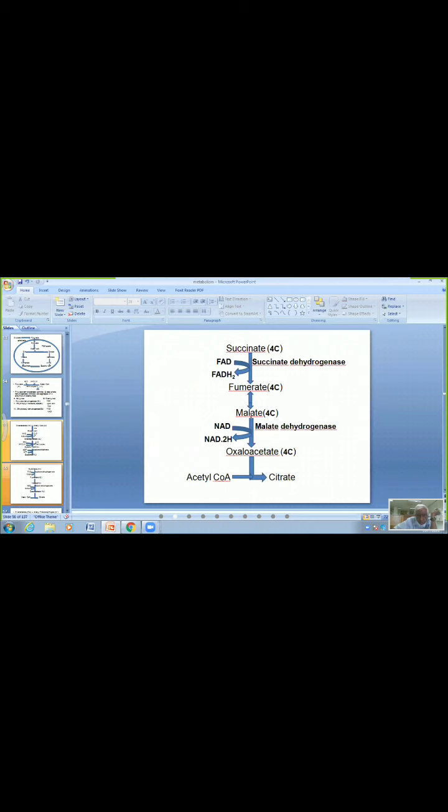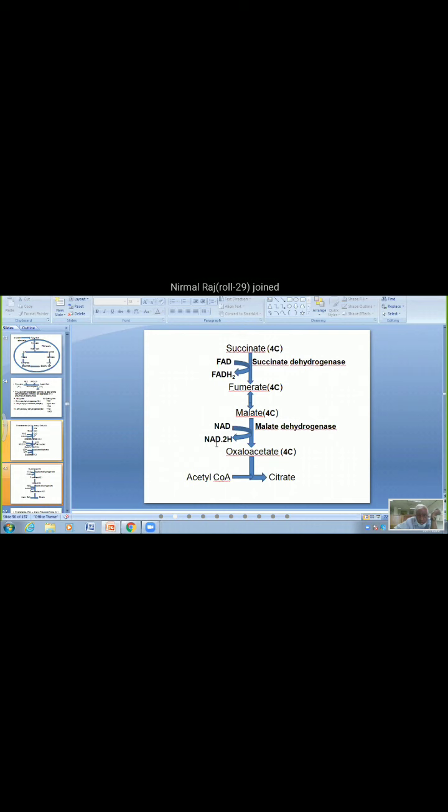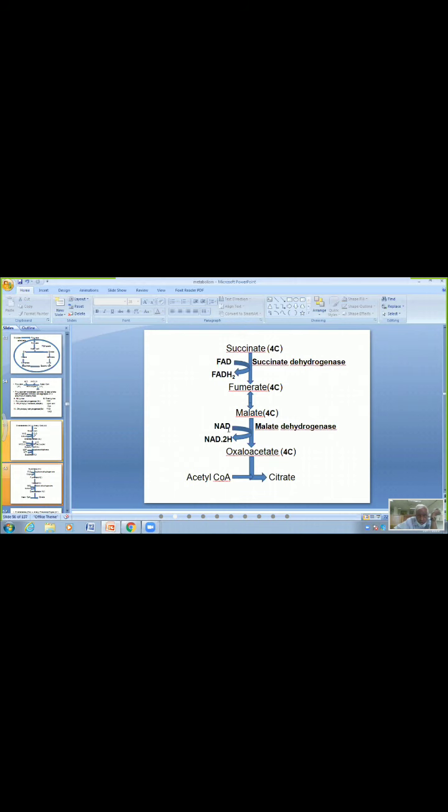This malate is oxidized to oxaloacetate. The enzyme responsible is malate dehydrogenase. The coenzyme is NAD, which is reduced to NADH.